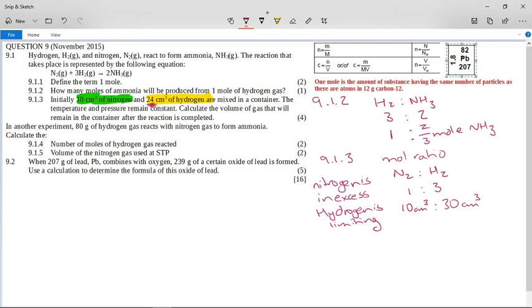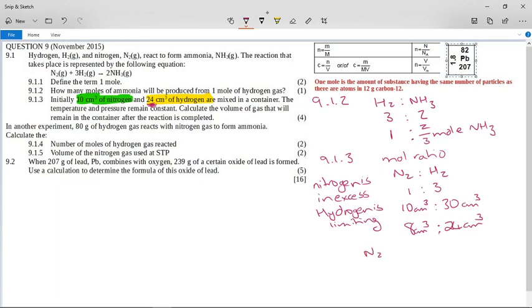So if you then had a look and you have 24 cubic centimeters of hydrogen, we're still looking at this mole ratio here, 24 cubic centimeters of hydrogen, it's 3 times as much as the nitrogen. It would only need 8 cubic centimeters of nitrogen. So the moment all of my 24 cubic centimeters of hydrogen are used up, I will only have used 8 cubic centimeters of nitrogen.